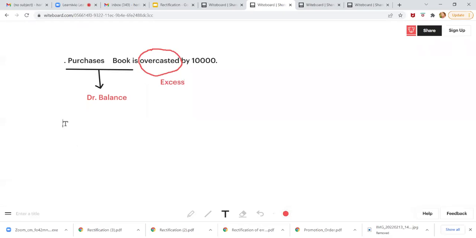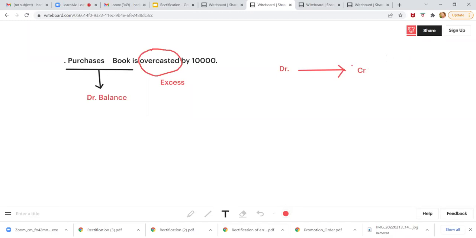So if there is excess, we will credit it to nullify the effect. As we know purchases book has a debit balance, so to nullify this effect we will credit the purchases book. Whatever has a debit balance, to nullify that effect we will credit it.